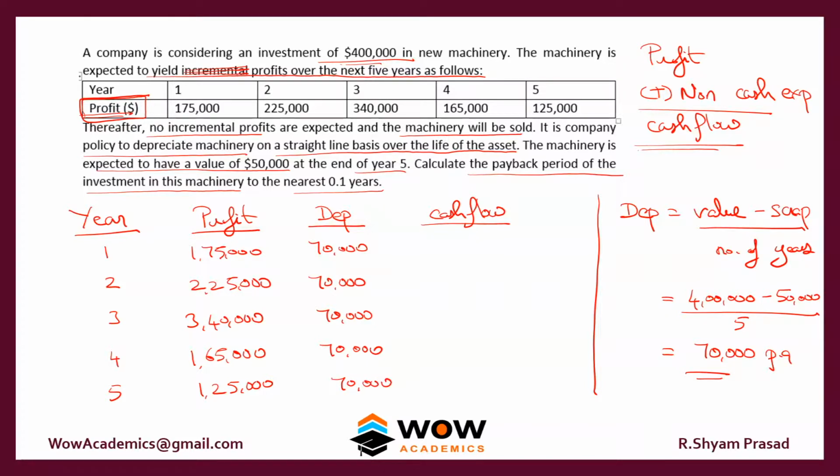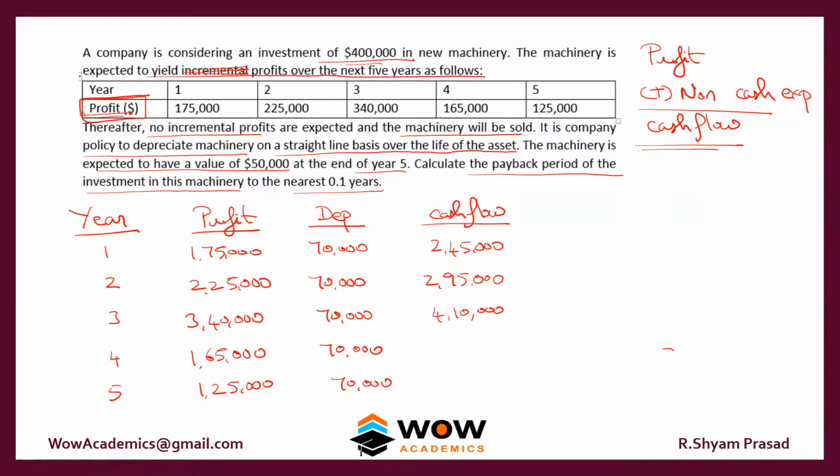So what is our cash flow? Our cash flow is 2,45,000 here, 2,95,000 and 4,10,000. I think we will stop there; we don't need to proceed further. We'll work out the payback. We have to find out the cumulative cash flow. The cumulative cash flow is 2,45,000; add this and you will arrive at this number.